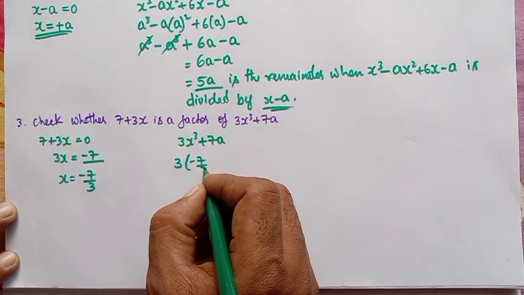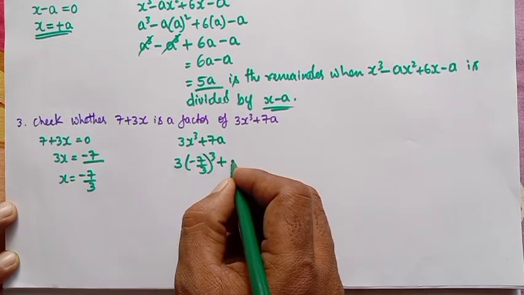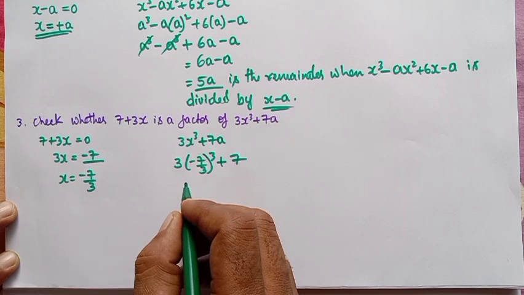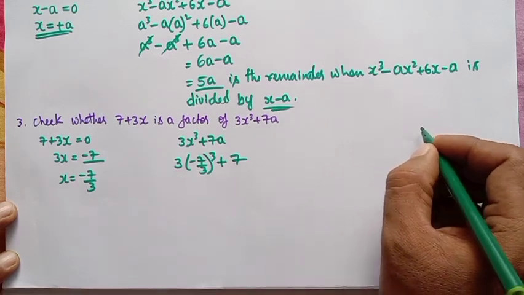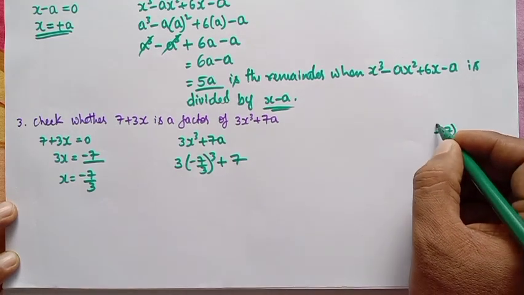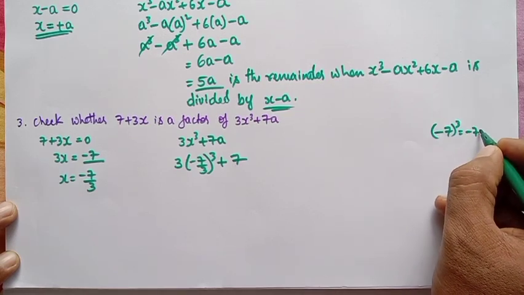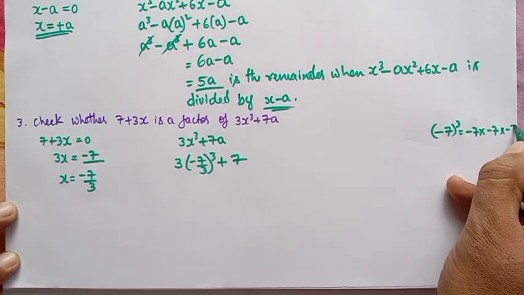Minus 7 by 3 whole cube plus 7a. So minus 7 whole cube is equal to minus 7 into minus 7 into minus 7.